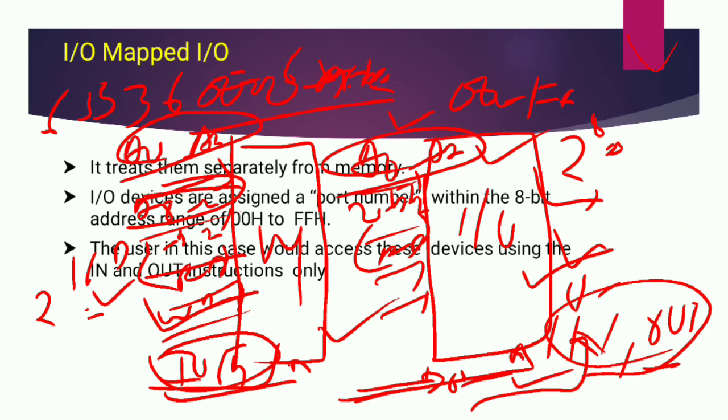The IO/M bar line is made high through the NOT gate, because here I am considering input output devices. The microprocessor makes the read bar low for a read operation and write bar low for a write operation.